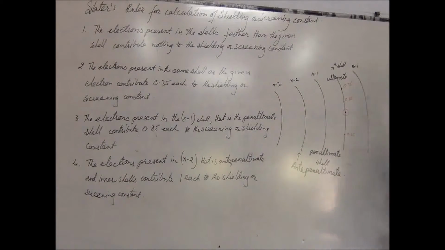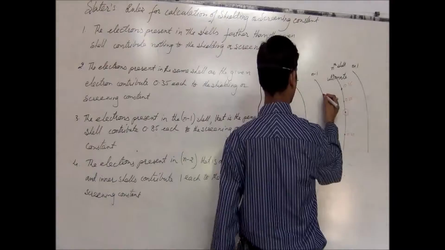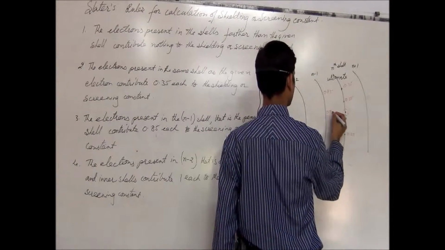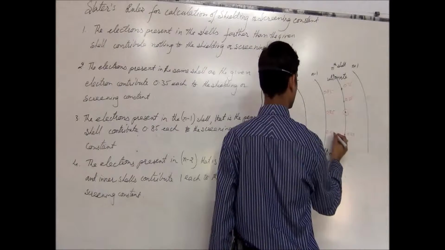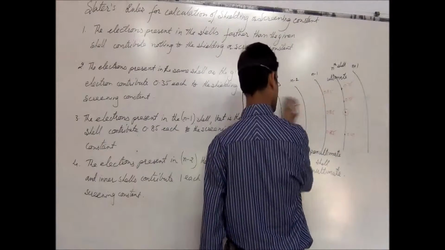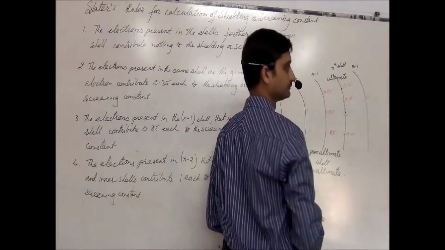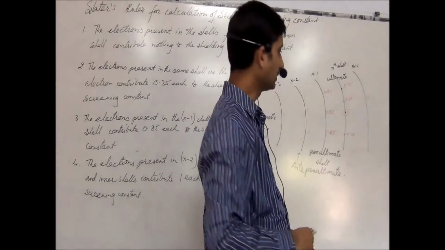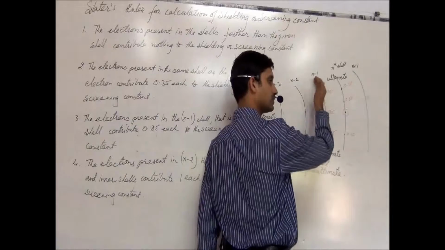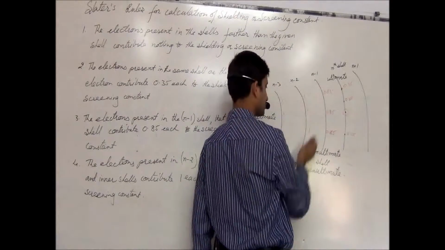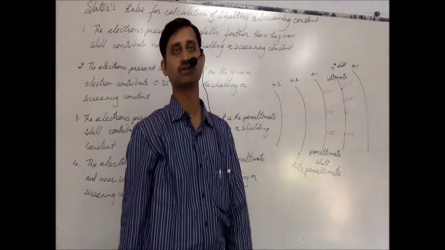That is, for this particular electron, all the electrons here have 0.85 each, and all of those below have 1 each. So all the electrons present in the n-1 shell contribute 0.85 each. Those present in n-2 and lower contribute 1 each to the shielding or the screening constant.